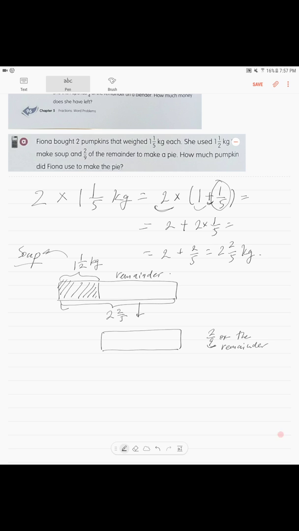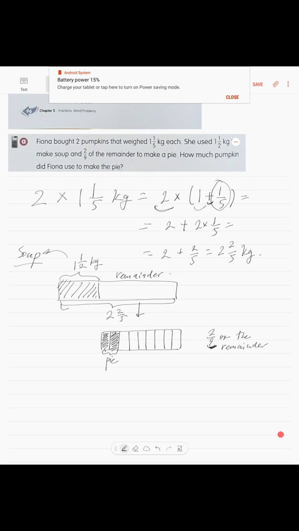It means we need to divide our remainder into 9 parts, 9 units. 1, 2, 3, 4, 5, 6, like this, right? Is that 9? It is 9, right? 2/9 of the remainder to make a pie. 2/9. This part was used for pie, right?